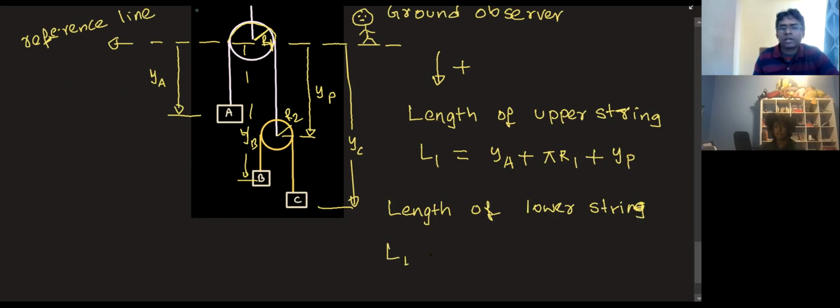How do I get that? This portion is obtained by subtracting YP from YB.